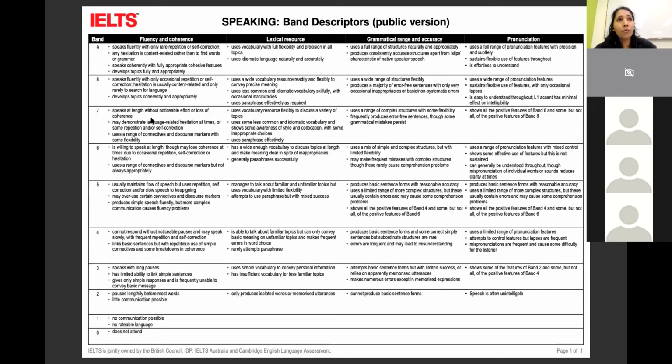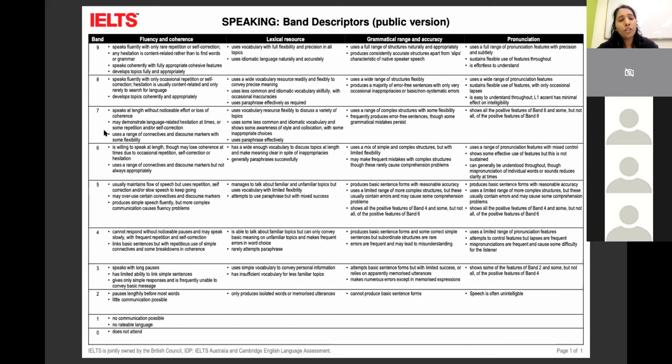Or when you're thinking for words to express yourself, and if you interchange the genders, or if you're looking at how to convey this. It usually happens because we're translating a part of our speech from our native language to the English language. So we're looking for word to word translation of our thoughts. That's the reason why fluency mainly breaks for many students.